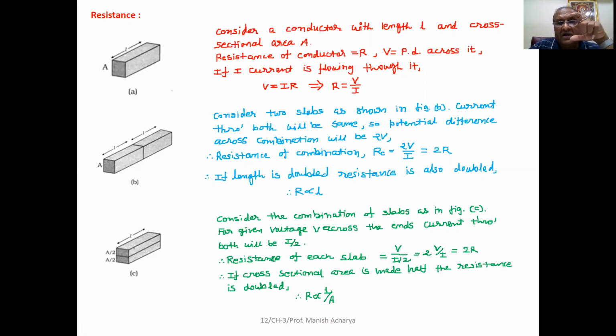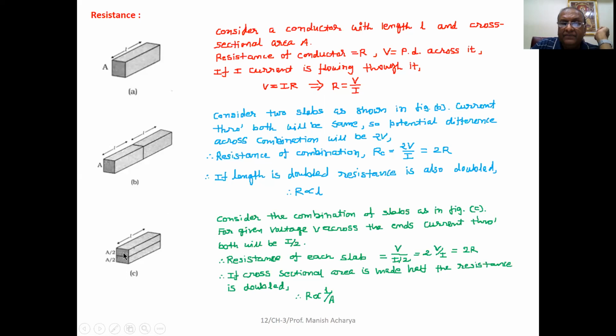So the current is distributed: I by 2 through the upper one, I by 2 through the lower one. The potential difference across each one is the same. This is just like a parallel combination, whereas the previous one was a series combination.